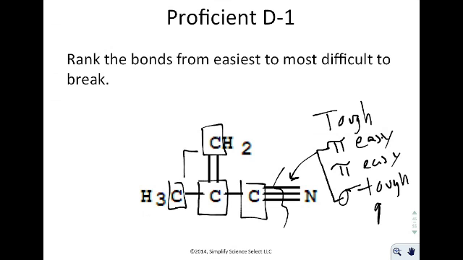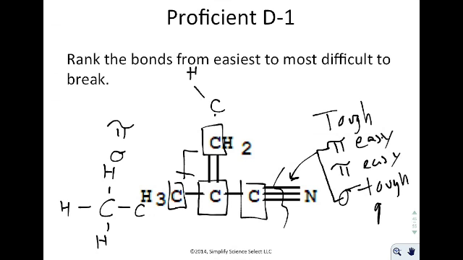This bond is going to be second, because I've got to break a pi bond, and then I have to break a sigma bond. So now we need to look at the rest of them in terms of how easy or difficult the bonds are going to be to break. You have a carbon attached to 3 hydrogens, and another carbon, and then you have a carbon that's attached to 2 hydrogens, and then double bonded to another carbon.